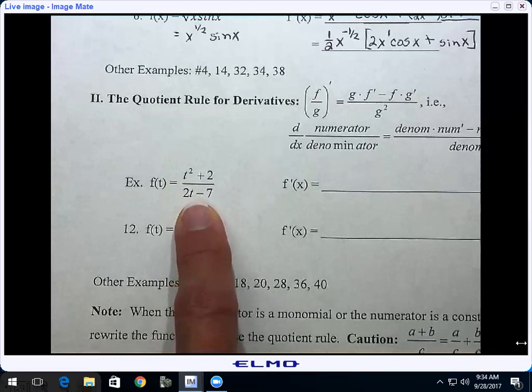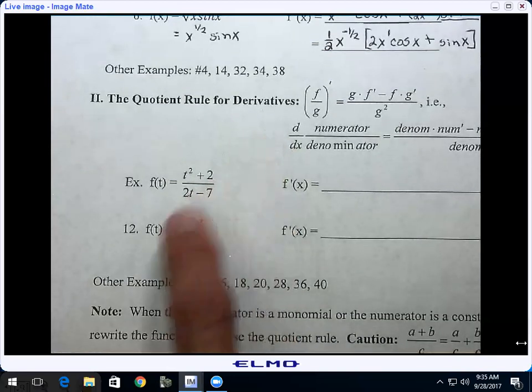I could write it as t squared plus 2 times 2t minus 7 to the negative 1. That wouldn't end up being any easier. You just need to make friends with the quotient rule, because sometimes that's the easiest way to do the problem. And this one would be easier with the quotient rule than changing that to a product.